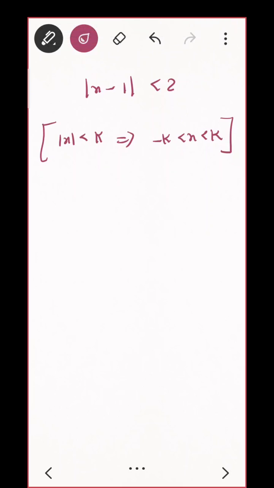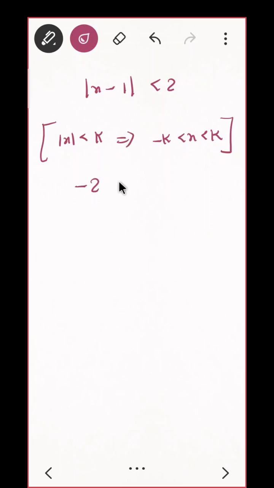Is that correct, everyone? Do you remember this property? Yeah, do you remember this property, everyone? We had proved this. Can I use it here? So what will this become?